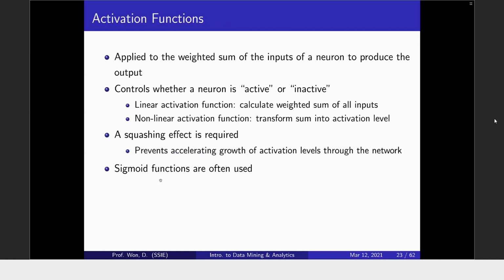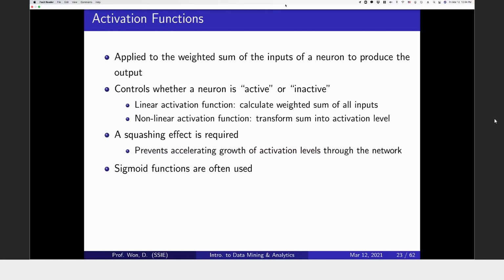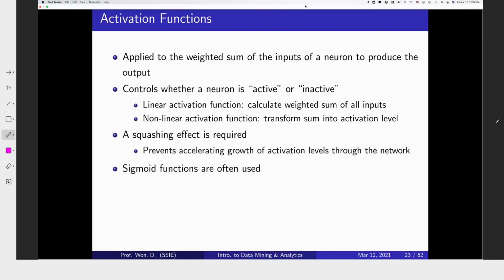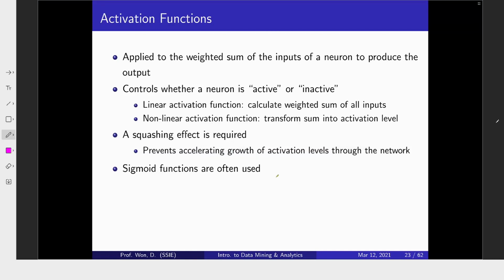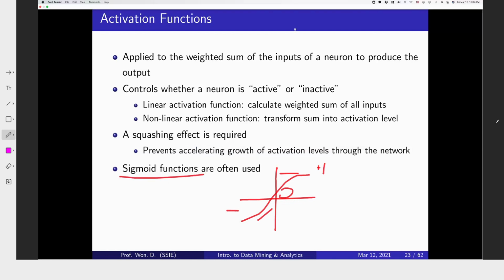And in most cases we use the sigmoid. The sigmoid function is very popularly used these days. Sigmoid function is like that. If the value is large and positive, then we say yes. If the value is smaller than something, then we say no. And this one is very popular.